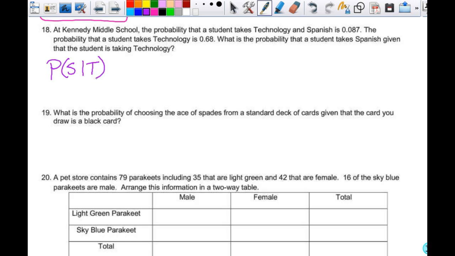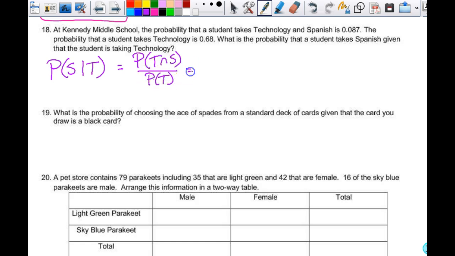So what we know here is that they take technology. We know that part. The way that they give me this information here, this is one of those where I'm going to have to use that formula. So this is going to be the probability of technology and Spanish over the probability of technology.